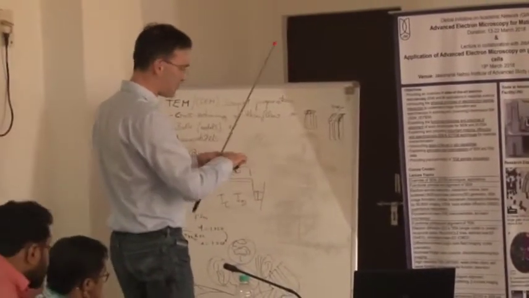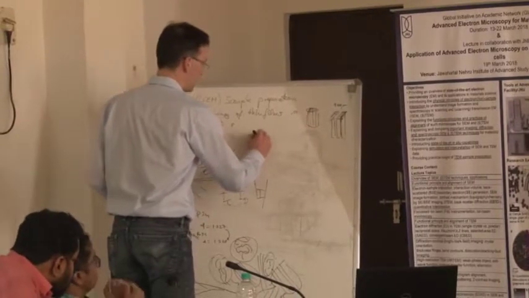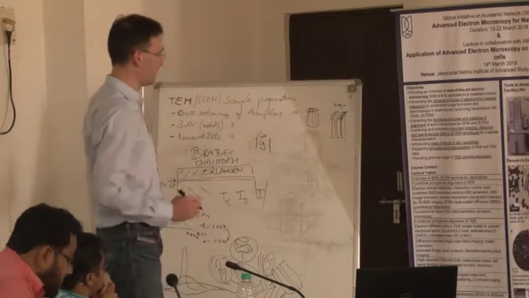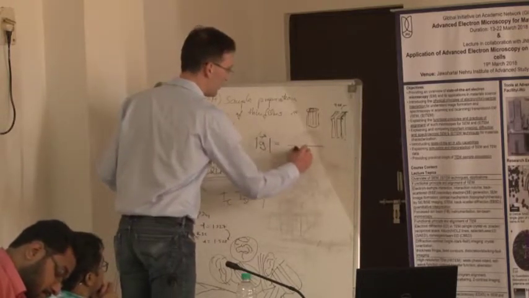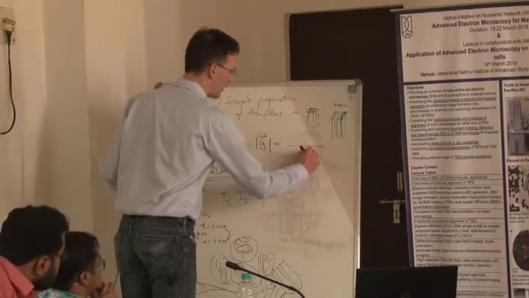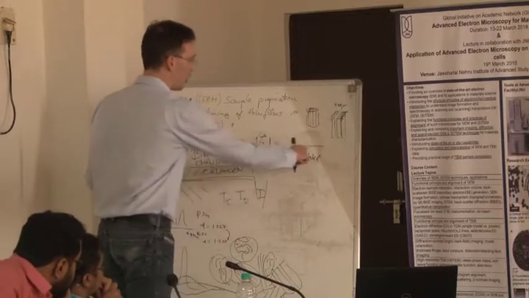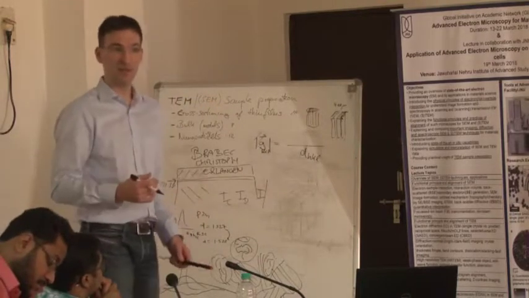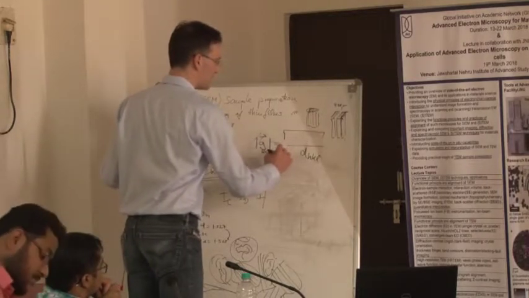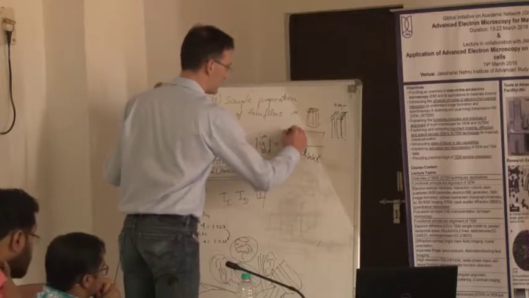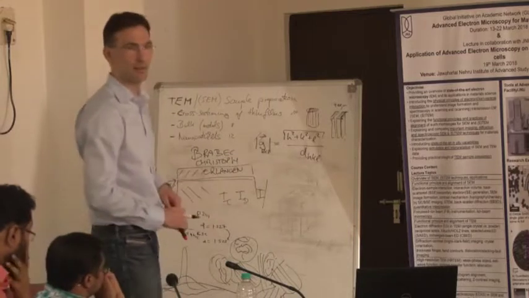So what you have is a relation between the length of your G vector, which goes as 1 over the lattice spacing for these Miller indices, and on the other hand, the sum of the squares of the Miller indices.